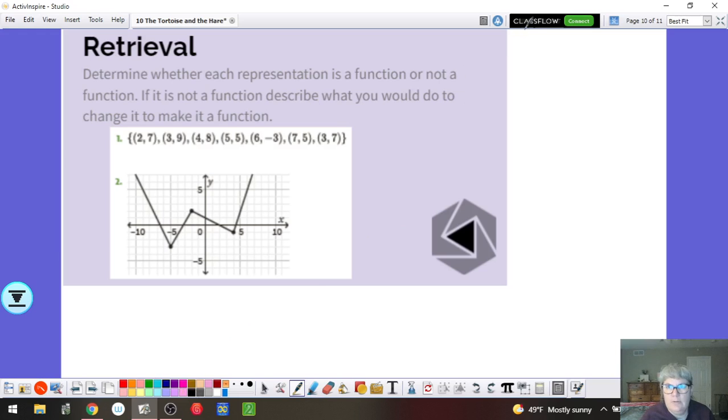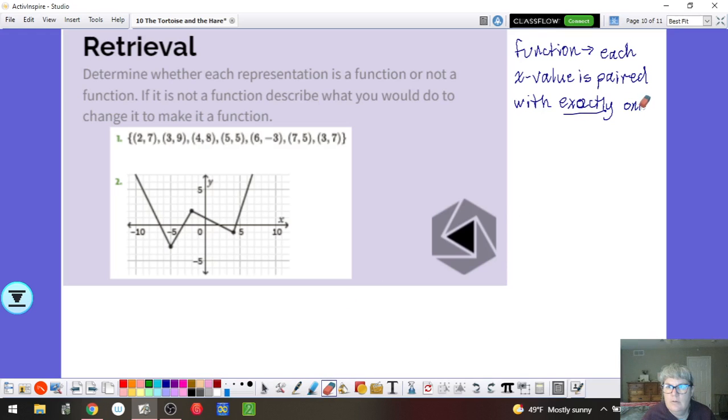So as a reminder, a function is defined as every or each x value is paired with exactly one y value.